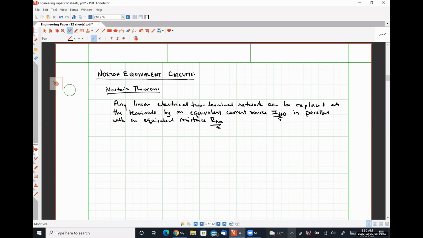So effectively, Norton's theorem says I can replace any linear electrical network with a practical current source.